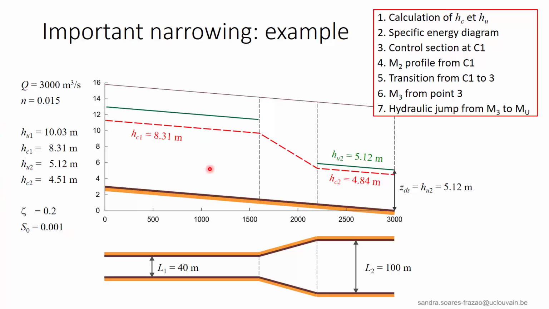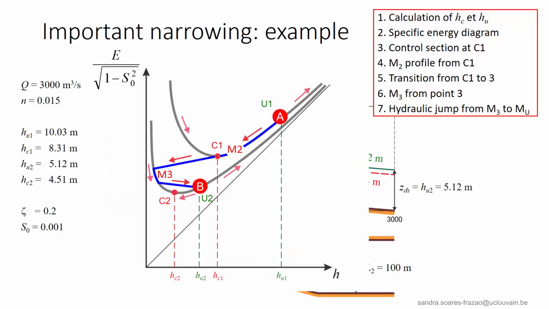The critical depth exists in the widening, which is not the case for the normal depth, because this depth is only defined for prismatic channels. With this information, we can represent the specific energy diagram. We see that the specific energy at U2 is much lower than at C1.